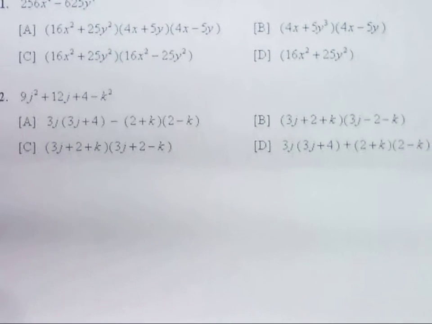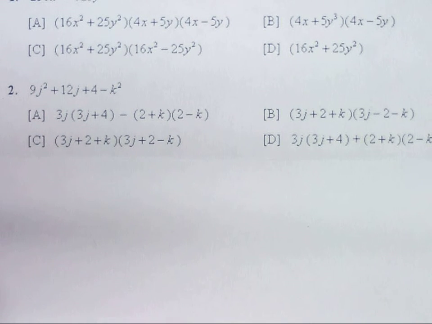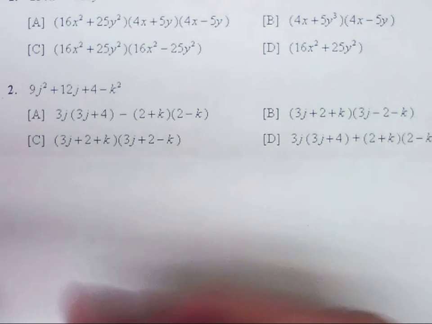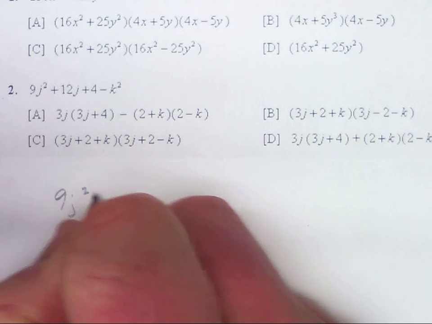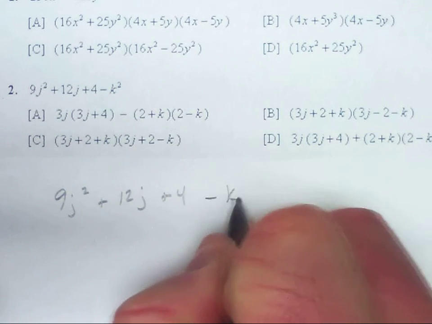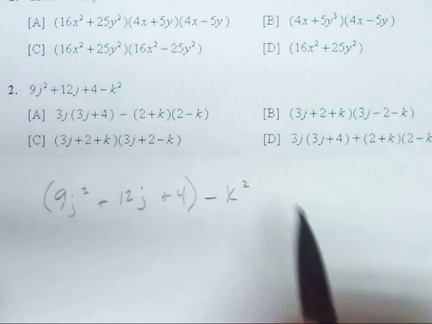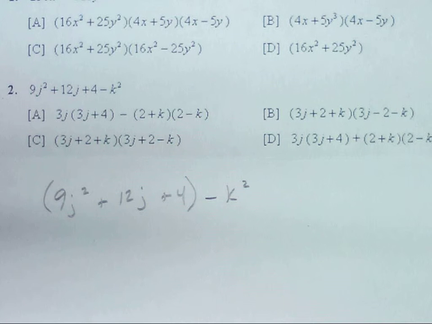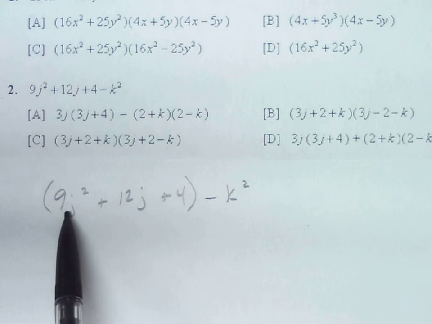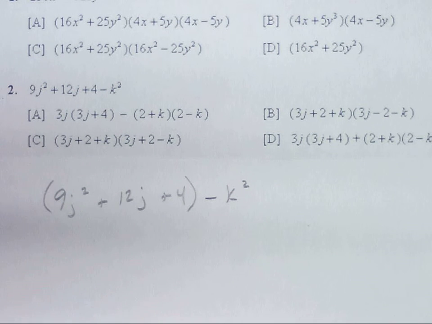In number 2, we're given a 4-term polynomial and asked to factor it. Well, what we need to notice here is that in this expression, 9j squared plus 12j plus 4 minus k squared, the first 3 terms form a perfect square trinomial because the square root of the first term is 3j, the square root of the last term is 2, 3j times 2 is 6j, doubled is 12j.